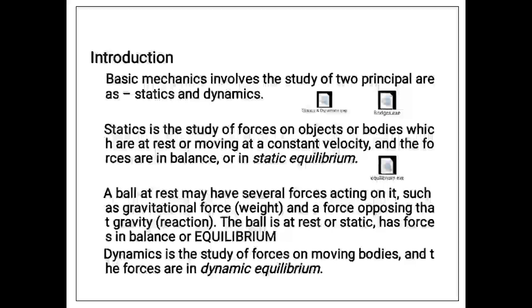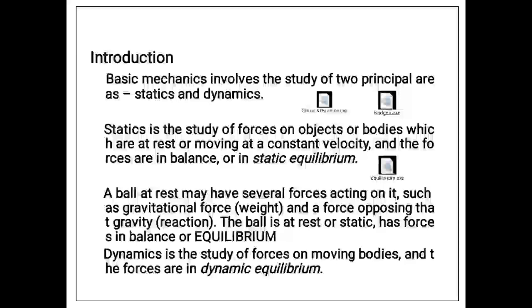An example is given: a ball at rest may have several forces acting on it. There are many forces acting on a ball which is in the rest condition. The first one is the gravitational force, or self weight. The self weight of the body acts towards the center of the earth, and a force opposes that gravity. Opposing that gravity means it is the reaction force.